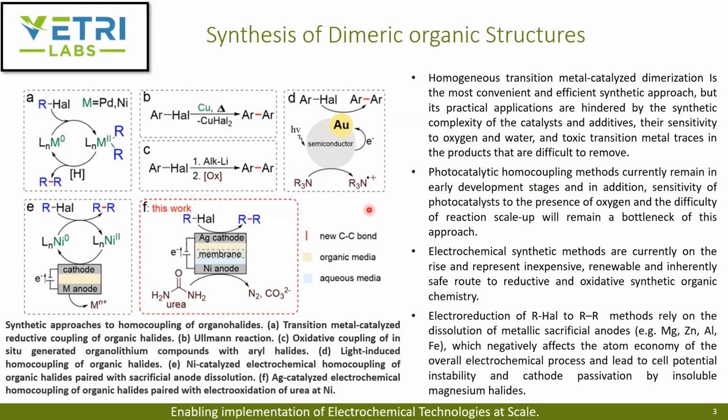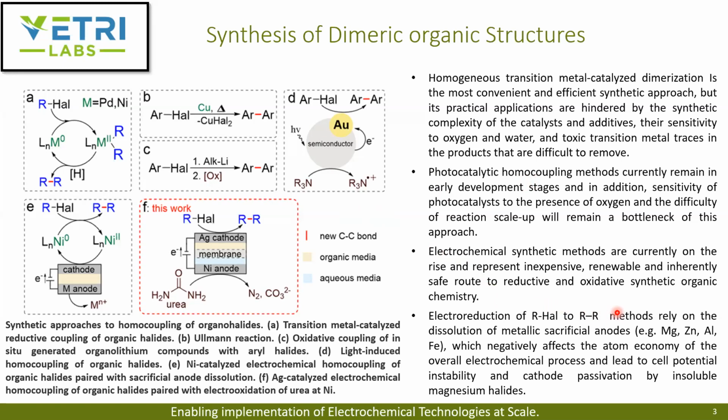So there is a huge push towards electrochemical synthetic methods because they are inexpensive, renewable, and an inherently safe route to reductive or oxidative synthetic organic chemistry. In general, electroreduction of organic halides to dimers relies on the dissolution of a metal sacrificial anode.